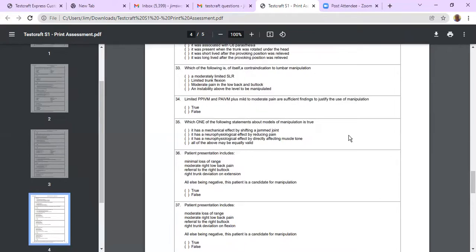The part that was throwing me off was directly affecting the neurophysiological effect, directly affecting muscle tone, because I figured there was a neurophysiological effect at some point. Well, when I say it directly affects it, I mean it's going to go through a few pathways, but it does. If you increase input, then the muscle tone goes down. Whether that's truly direct or not is arguable, but for our purposes, it's direct. Okay.